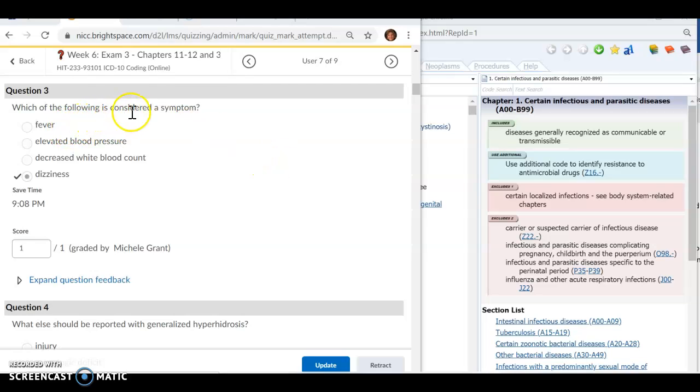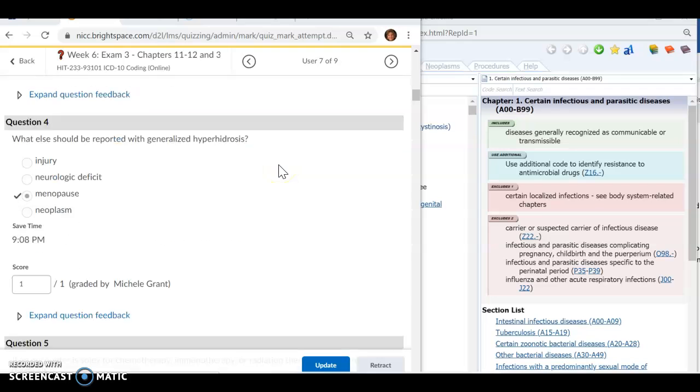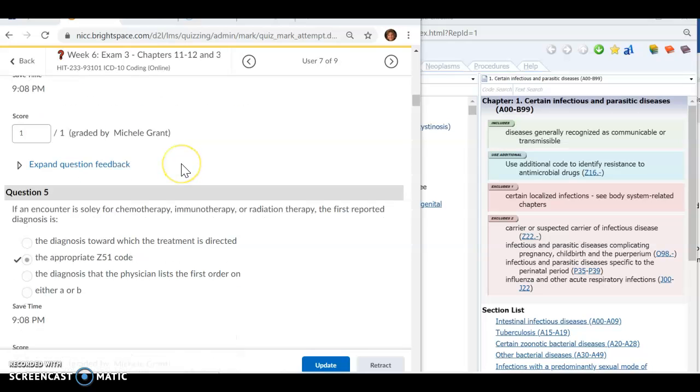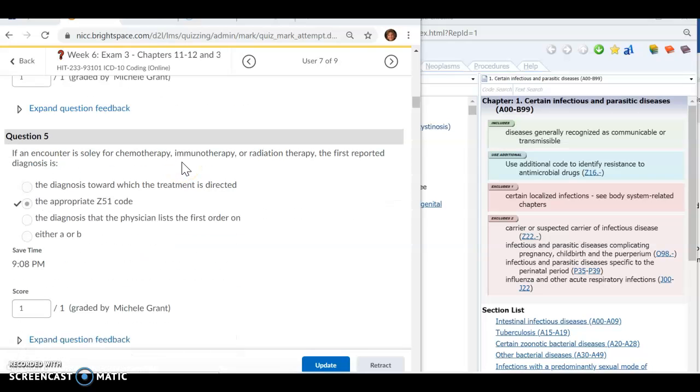Okay, which of the following is considered a symptom? Dizziness. Dizziness is going to be a symptom, and it's in your textbook. So we have hyperhidrosis. This just goes back to a little anatomy, which would be menopause if you look that up. So when a patient comes in just for chemotherapy or radiation therapy, the first code that you're going to code is Z51.